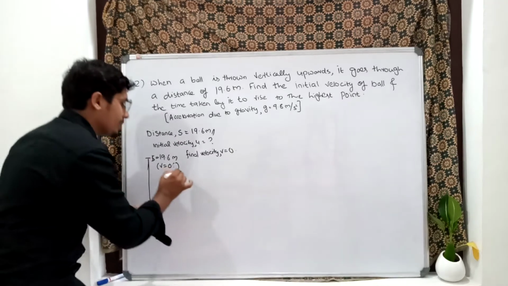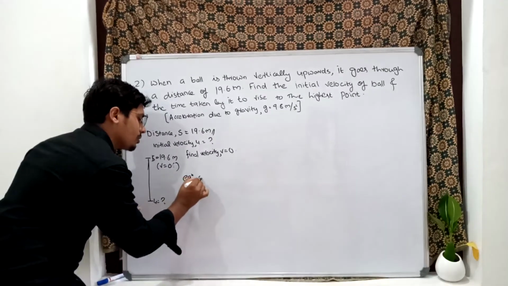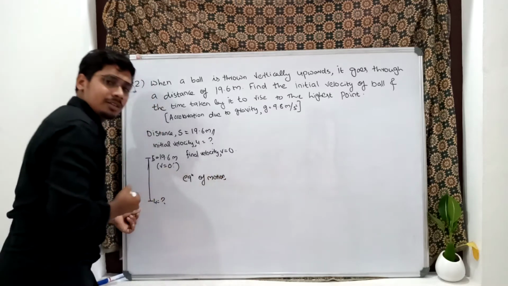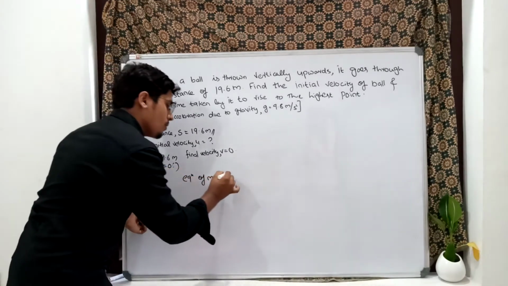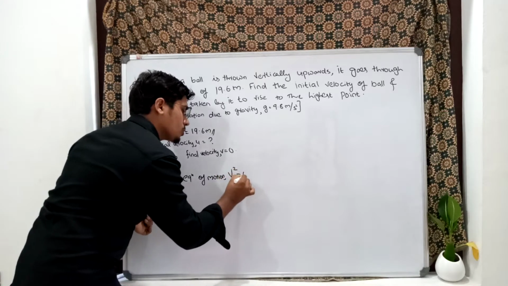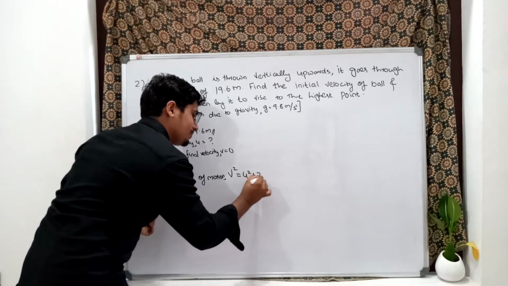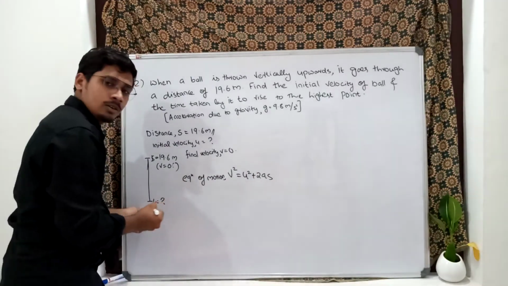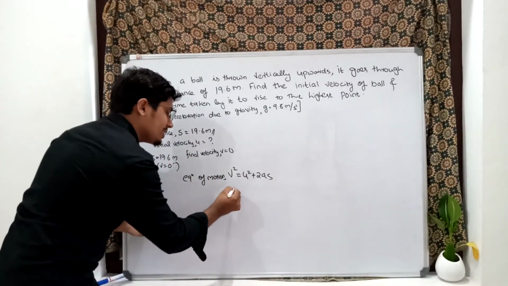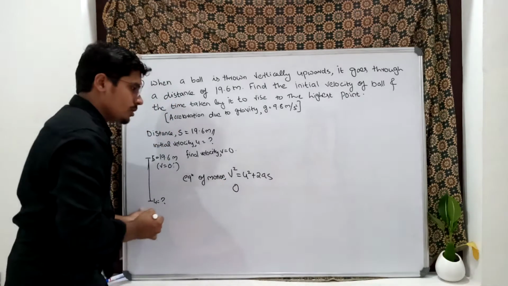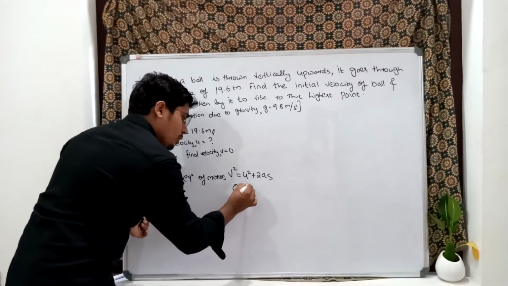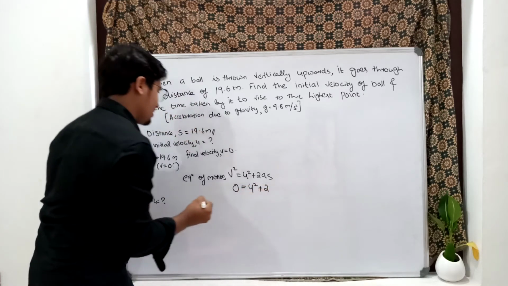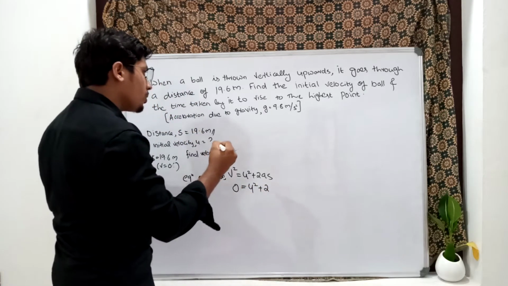So by using the equation of motion, my dear friends, that is v square equal to u square plus 2as. Here we know that the final velocity v equal to 0, and we have to find the initial velocity u.